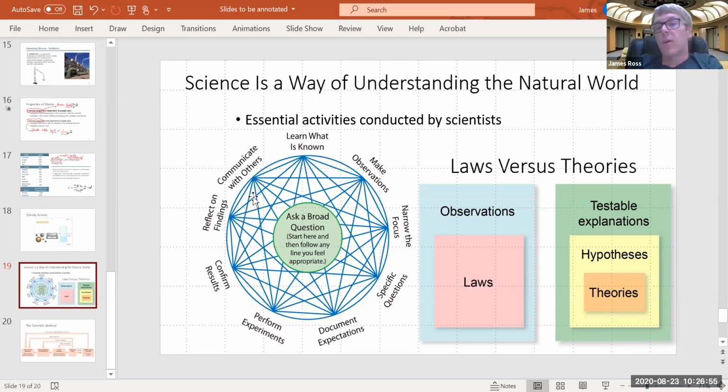The difference between laws and theories, it's good that we can nail this down now. A law typically is something that you've observed to be true, in quotes, whatever truth means. You've observed it to be reliable, but you have no understanding of why it's happening. So a law typically is not something that you have experimental evidence to argue, just something you've noticed. A theory, on the other hand, is something that comes from interaction with a scientist.